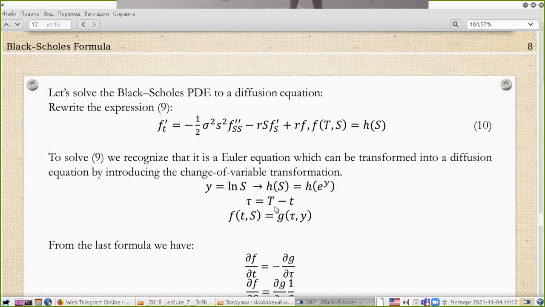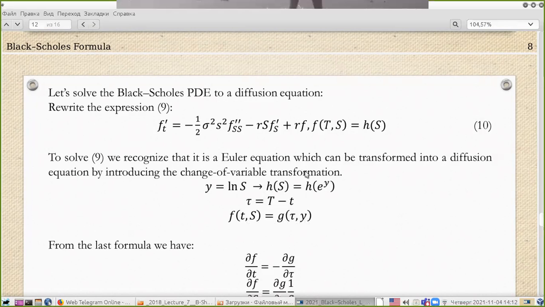And we introduce tau as t capital minus t little, and if t capital is constant, t little is the current time. So the function of t and s we can write as another function g of tau and y.